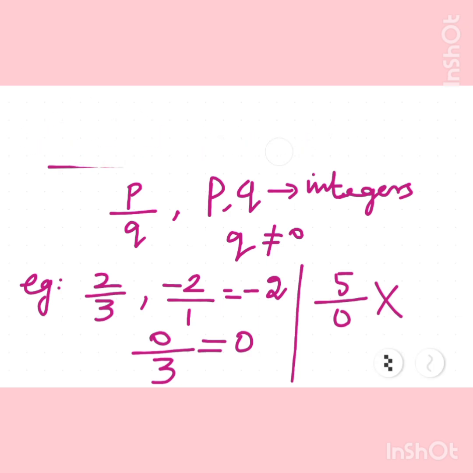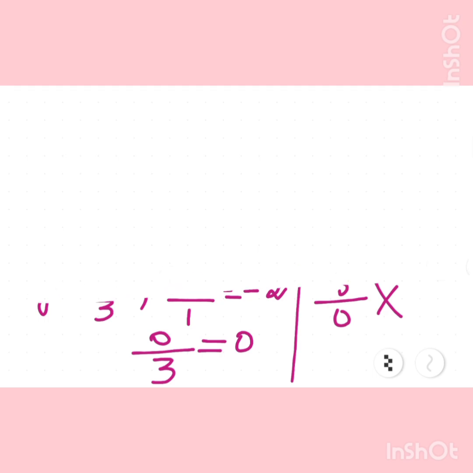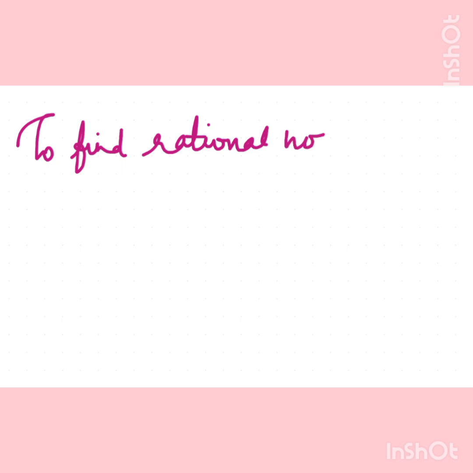Alright. So now we'll enter into the topic under rational numbers, which is to find rational numbers that lie between two rational numbers.